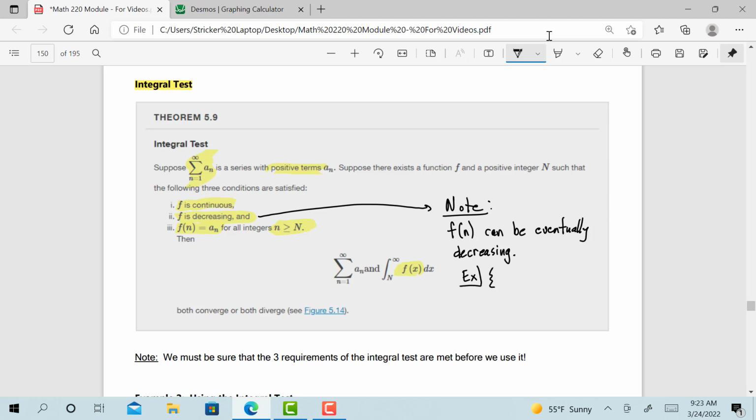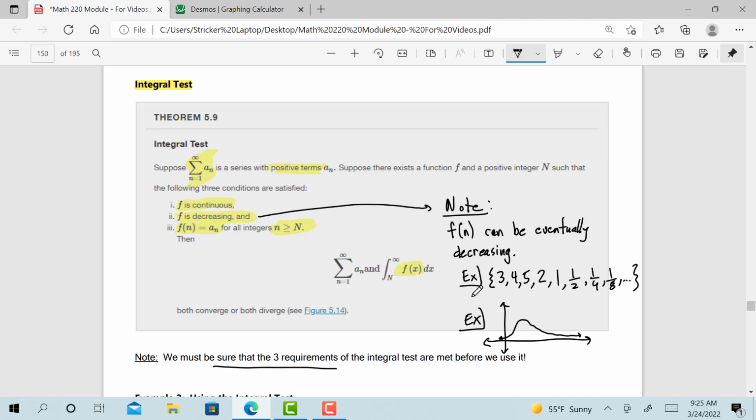Say at first the terms start to increase, then they start to fall back and get smaller and smaller and smaller. So a sequence like this is an example of one that even though it increases at the beginning, it's eventually decreasing. I could also give you a visual picture of what that looks like. So say we graph that f of n and it looks something like this. So it starts out as increasing and then it starts to decrease. Okay, so that's another example.